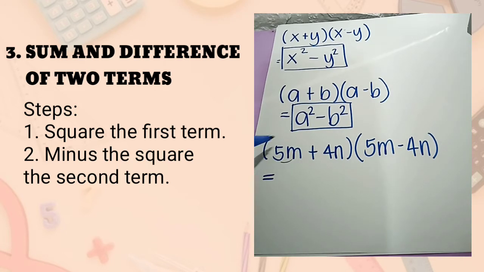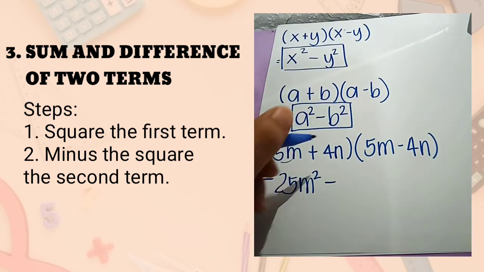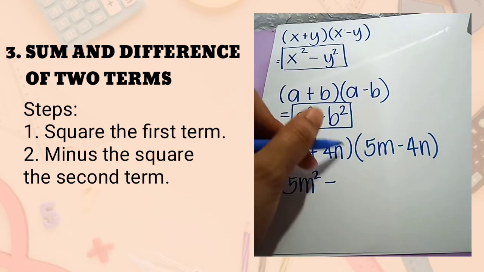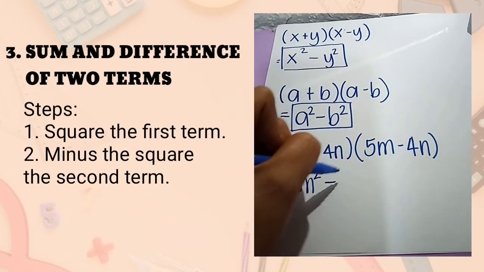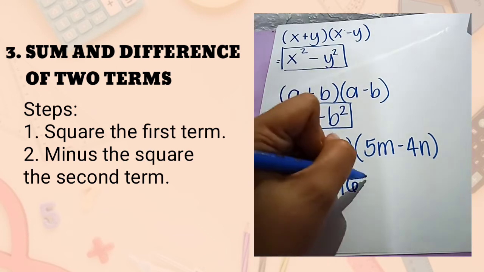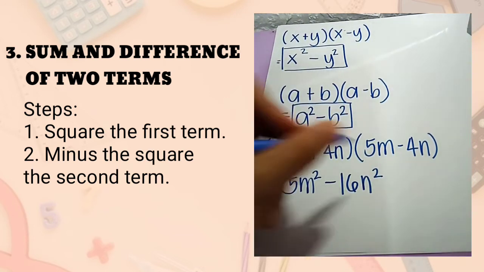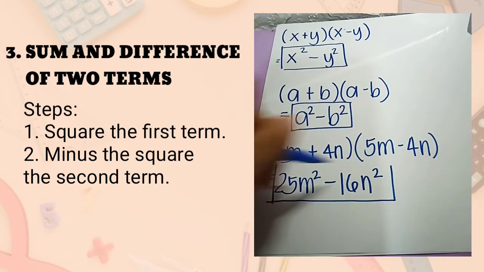So, square natin ito na, yung 5m. So, 5m squared ay equals to 5 times 5, 25, then m squared. Next daw ay sa second step, ma-minus natin yung square nung pangalawang term na 4n. So, 4n squared ay equals to 16n squared. So, therefore, ito yung ating answer.